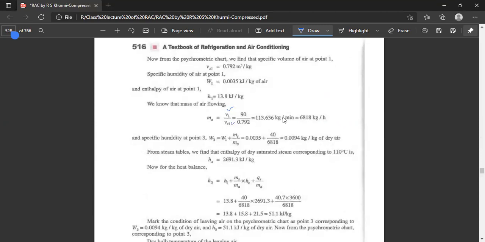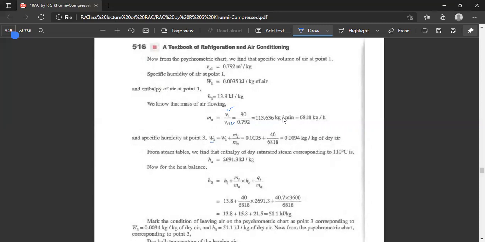Here 68.8 kg per hour is the air, and 40 kg per hour is the mass of the steam injected, given in the problem. So putting both together, after the calculation we'll get 0.0094 kg per kg of dry air. It's the specific humidity at point 3.